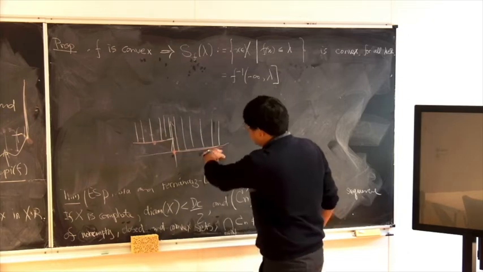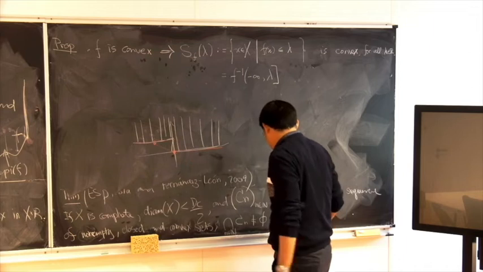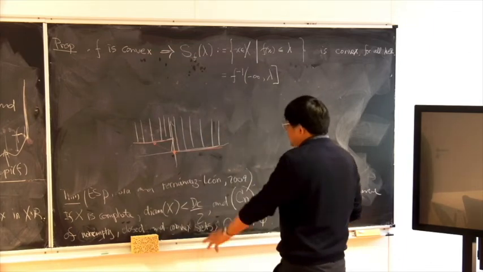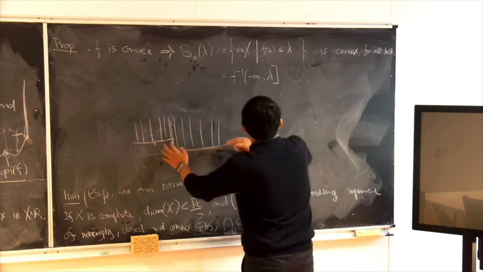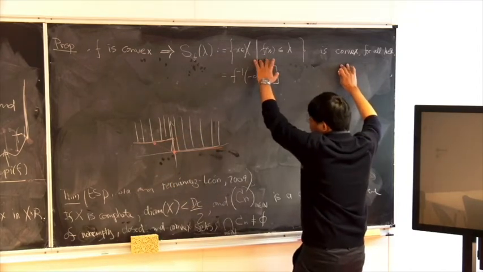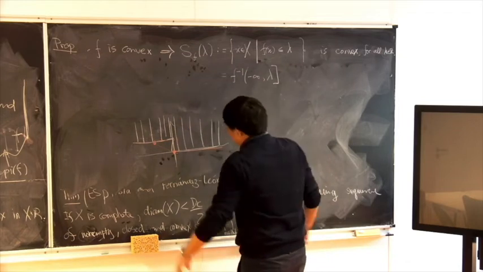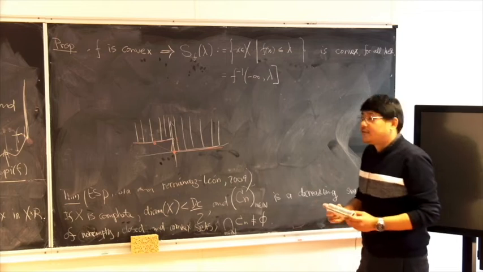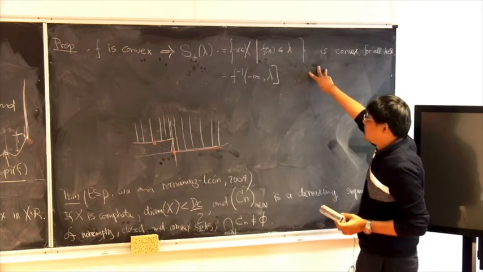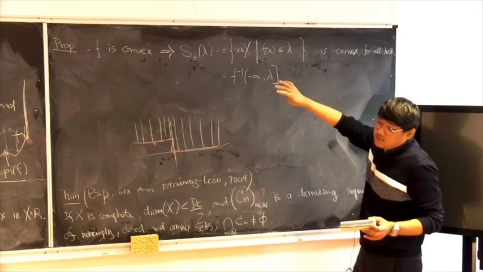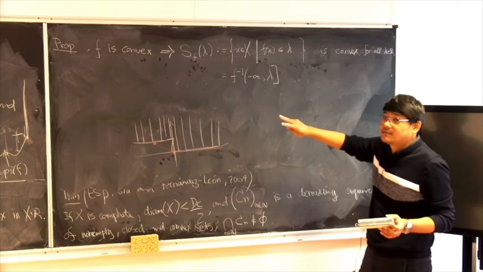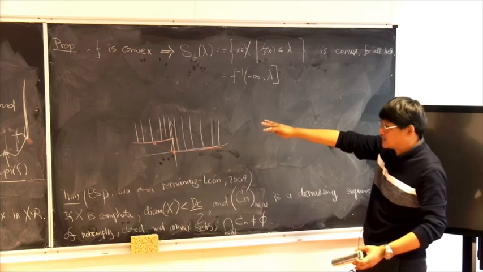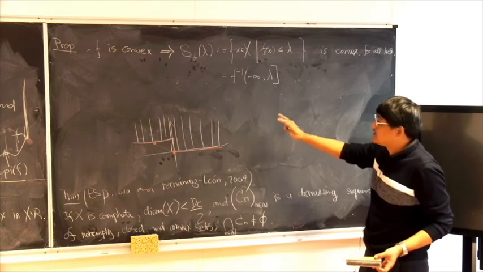It's outside of this epigraph, so the epigraph is not a convex set. Okay, and this is a function for which all of the sublevel sets are convex, but the function itself is not. Okay, so beware here. The function for which all the sublevel sets are convex is called a quasi-convex function. Okay, it's not a convex function, but a relaxed version of convex function called the quasi-convex function.